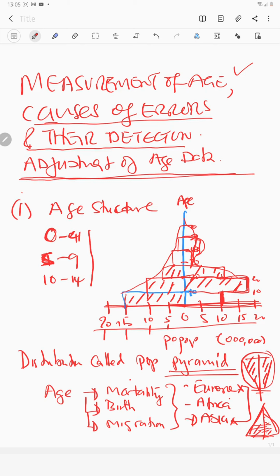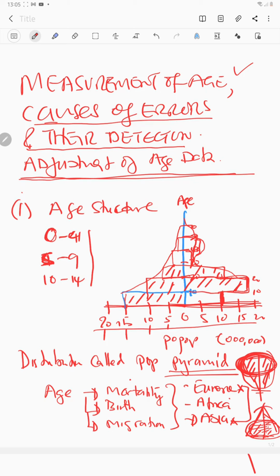So in terms of the economic participation between the two, it could differ, because in Europe you have so many older people who take part in the formal sector economy, relative to the African context, where the majority of the people are youthful dependents, and most of them are consumers and not producers of resources.